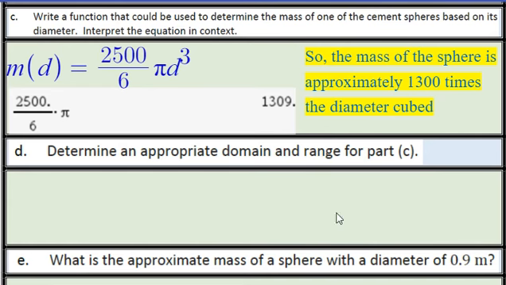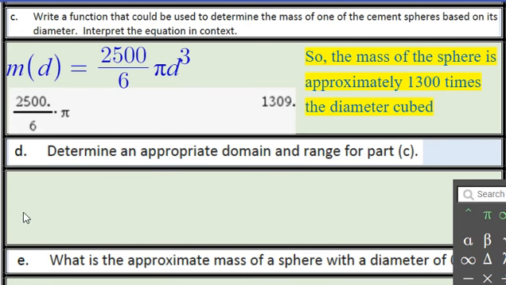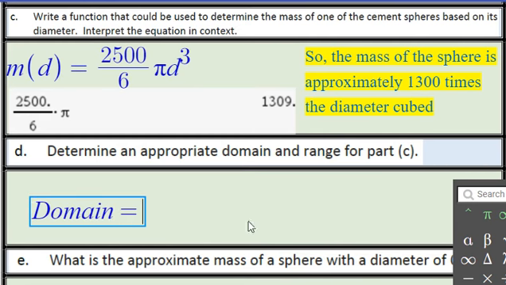Now, our domain and range for this part, I don't want people to get caught up in the domain too much. Domain: any positive number makes sense when we're talking about anything we measure.